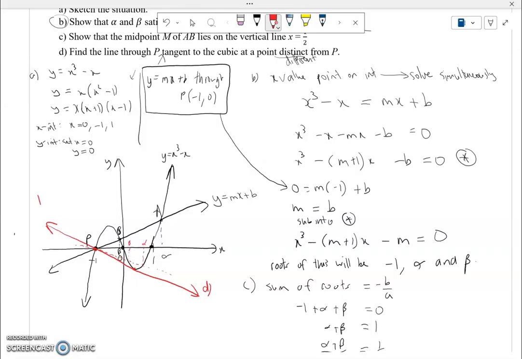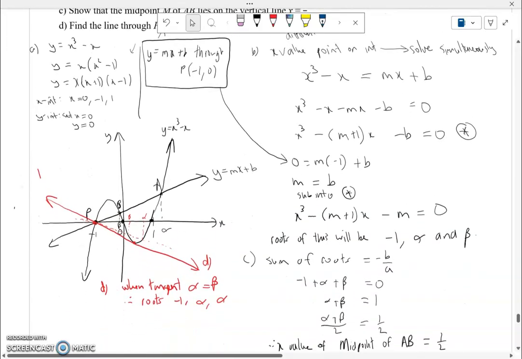My alpha and beta are getting closer and closer together. And when it is a tangent, and this is the key thing, when we hit the tangent, alpha equals beta. That's the key idea. So for D, when tangent, alpha equals beta, so therefore the roots become, we've still got -1, alpha and alpha.